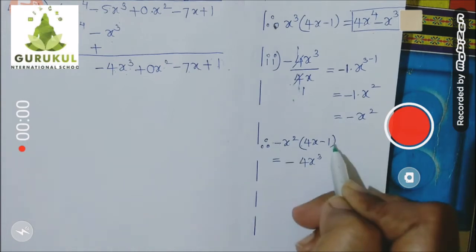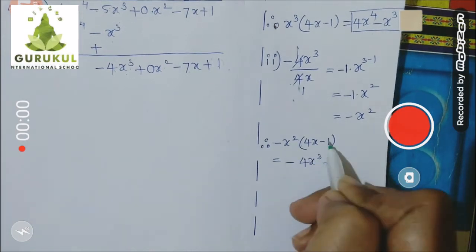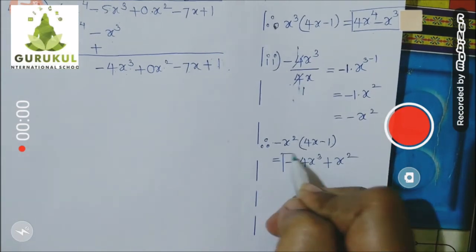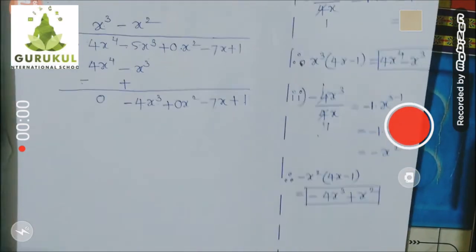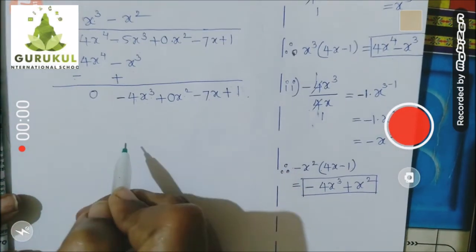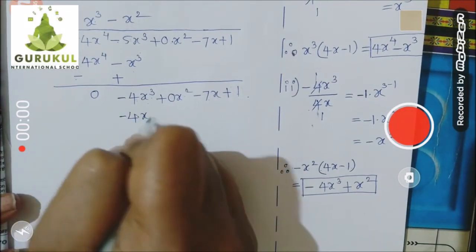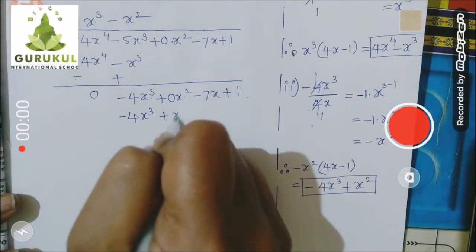Again this term into this term. So first sign, minus into minus, plus, x square ones are x square. So now I will write this according to the like terms. So minus 4x cube I will write below this, and plus x square I will write below this.